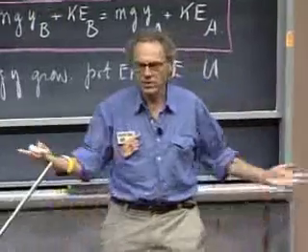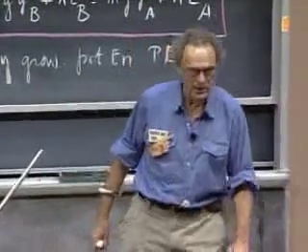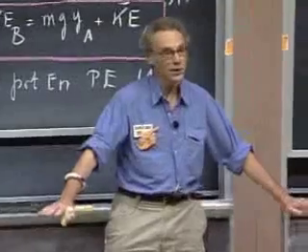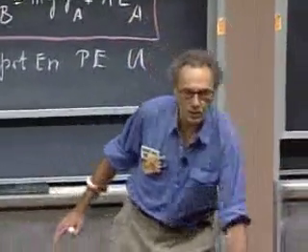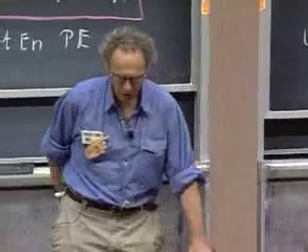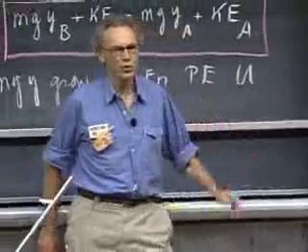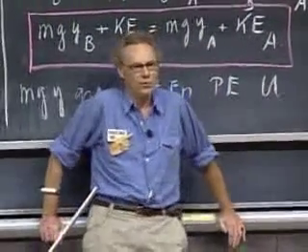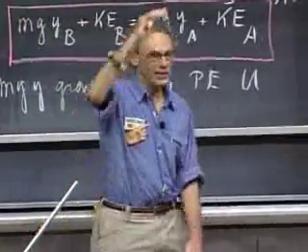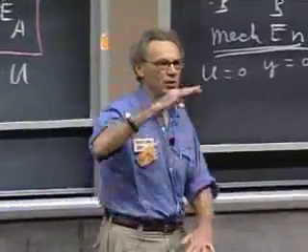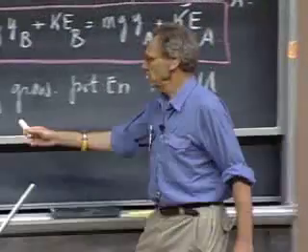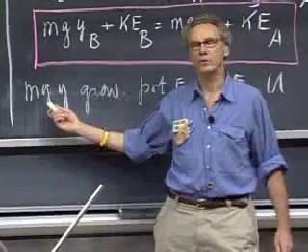But where is y zero? Is y zero at the surface of the Earth? Or is y zero at the floor of 26-100? Or is y zero here? Or is y zero the roof? Well, you are completely free to choose where you put u equals zero. It doesn't matter, as long as point A and point B are close enough together that the gravitational acceleration, g, is very closely the same for both points.